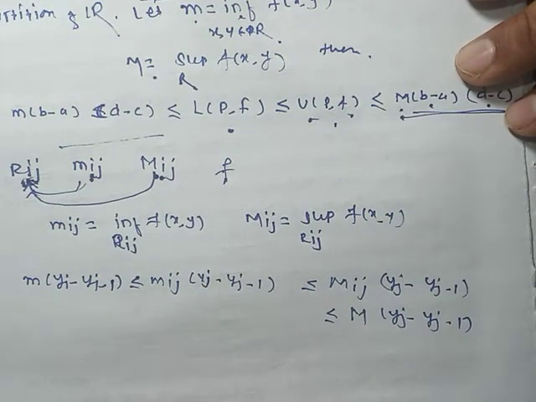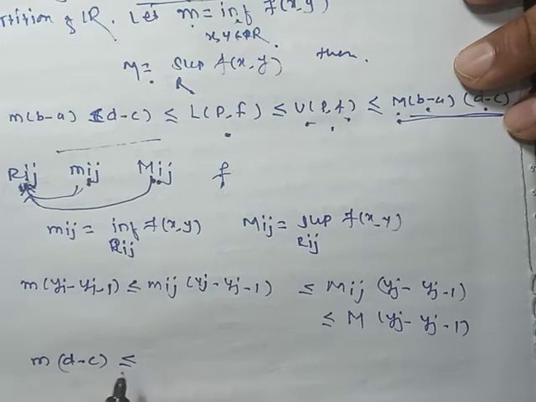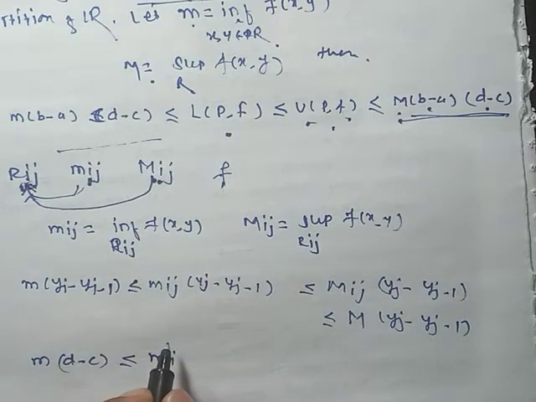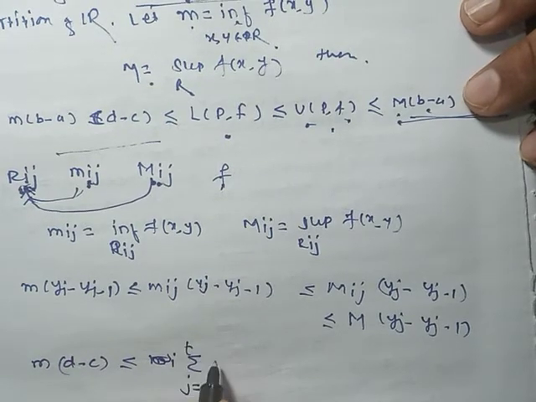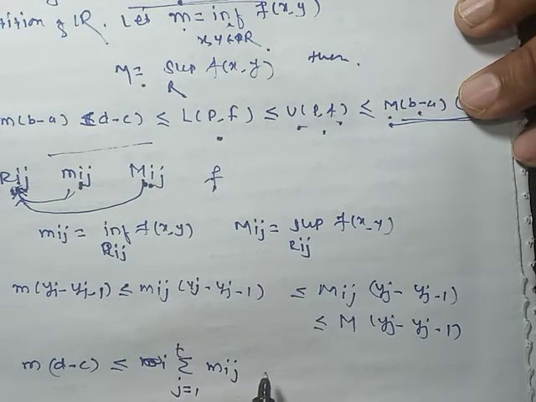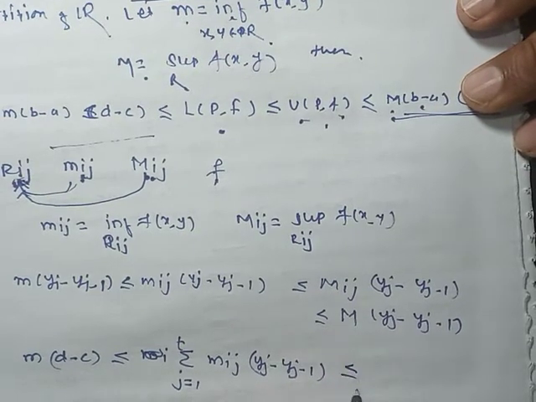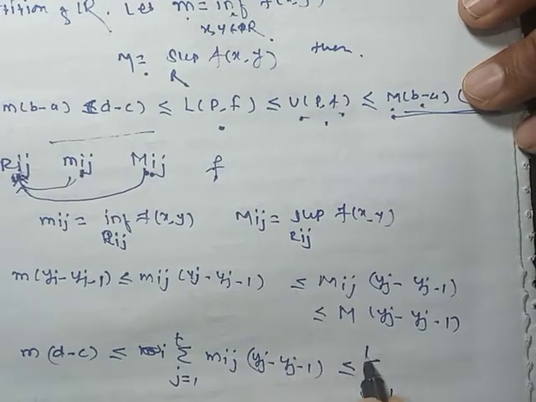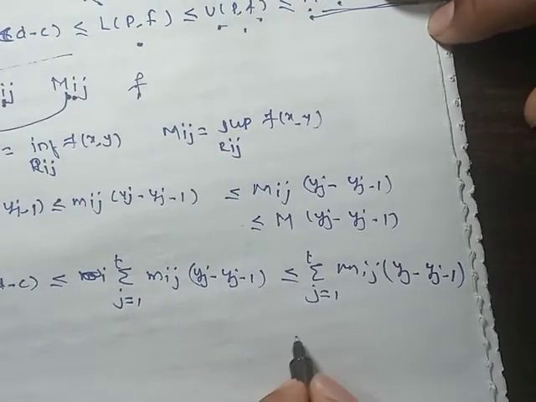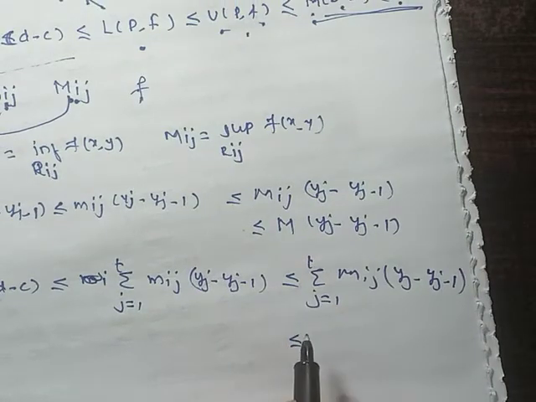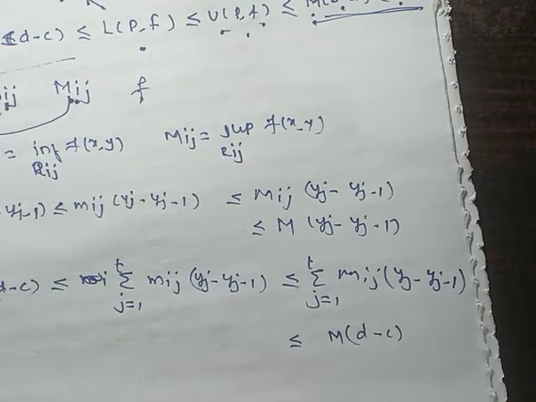By applying the summation, we get that m into (d minus c) is less than or equal to the summation, j runs from 1 to t, of mij into (yj minus yj minus 1), which is less than or equal to the summation, j runs from 1 to t, of capital Mij into (yj minus yj minus 1), which is less than or equal to capital M into (d minus c).